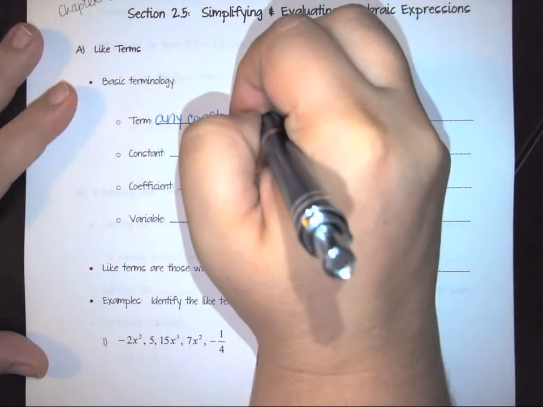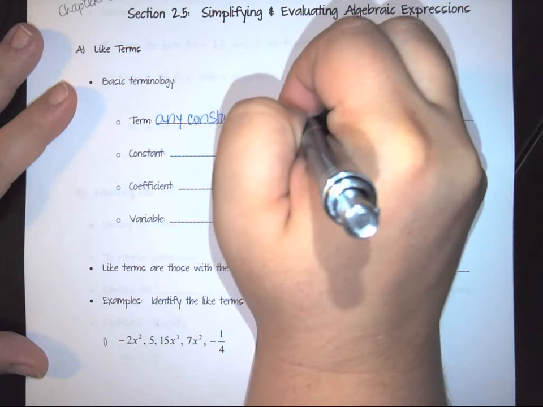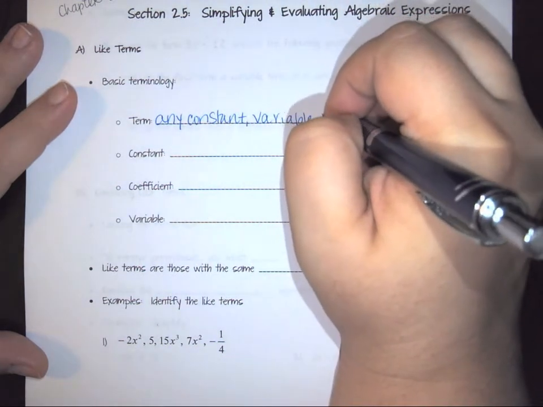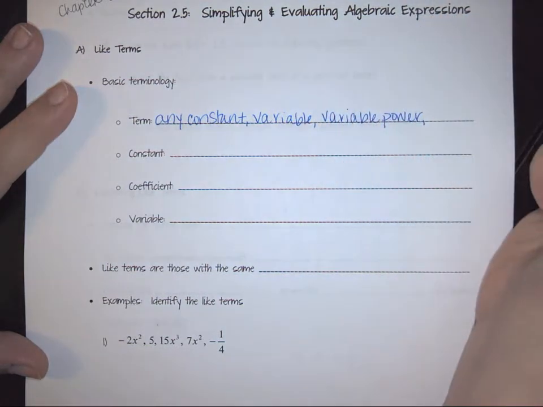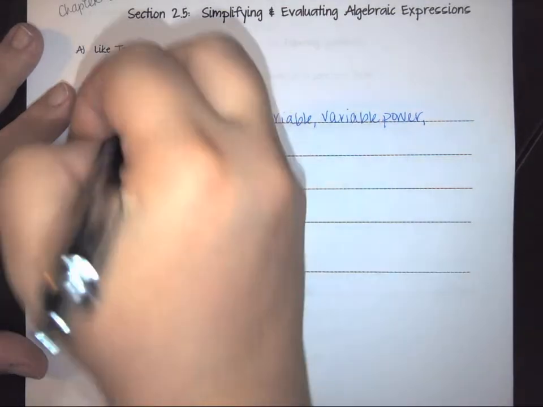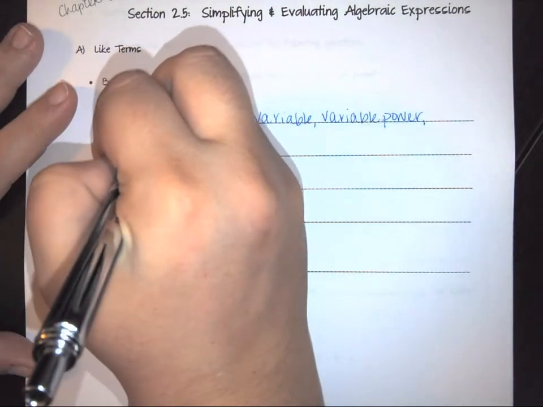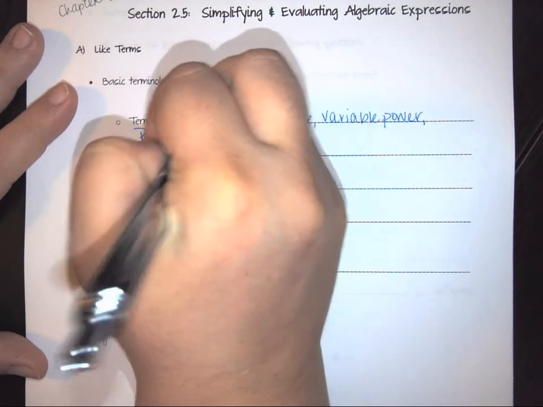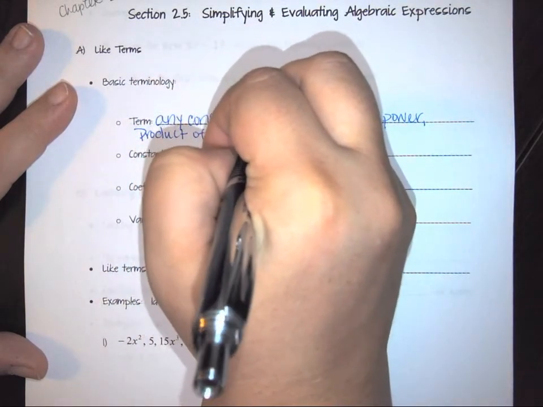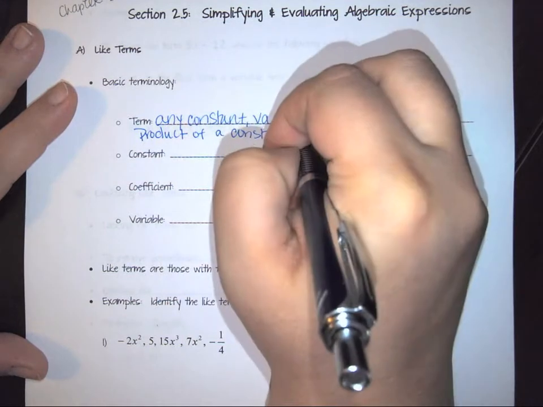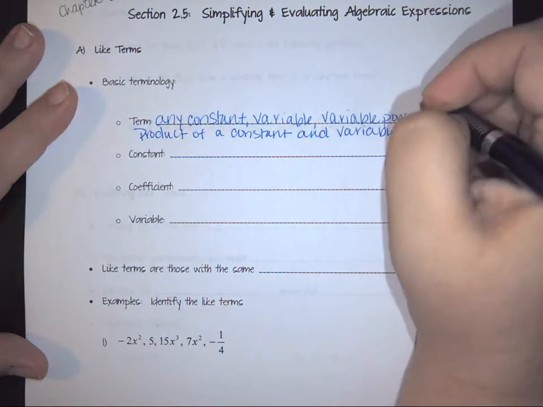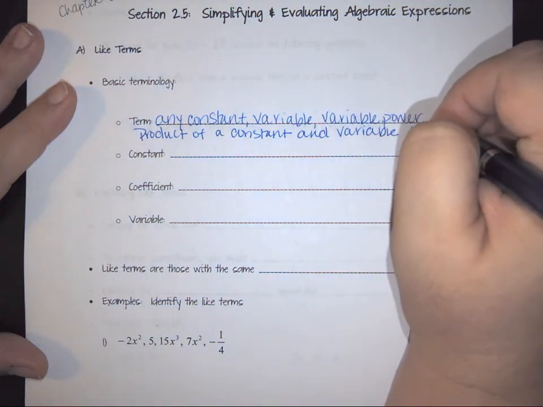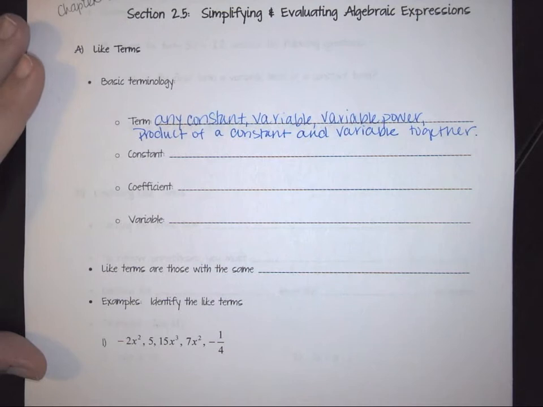It can be a variable. It can be a variable power. Or it can be the product of a constant and variable together. So, what does that mean?